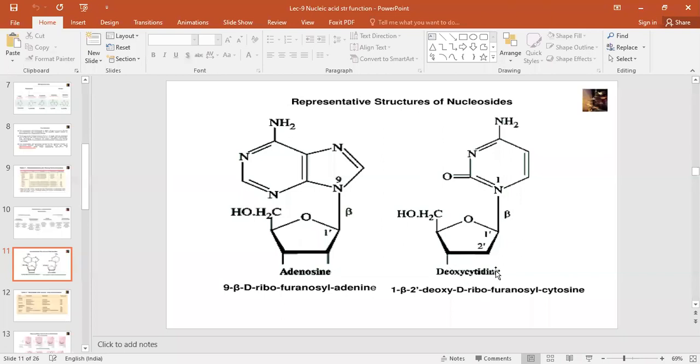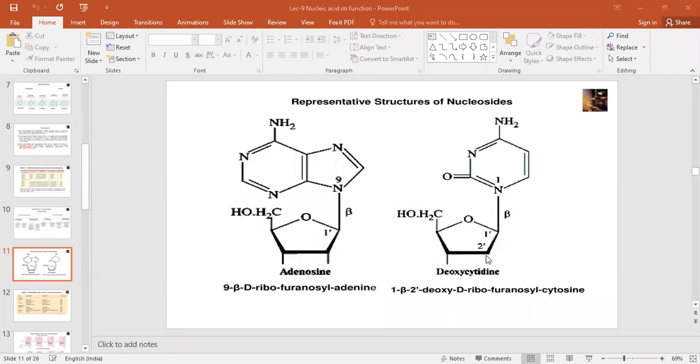This is the deoxycytidine. Adenosine is a ribose sugar. Ribose means at the 2' position, this is the first carbon and this is the second carbon of that sugar. At that second carbon, an OH group is there. So here you can see there is a line, and the OH group is attached over here. That's why it is adenosine.